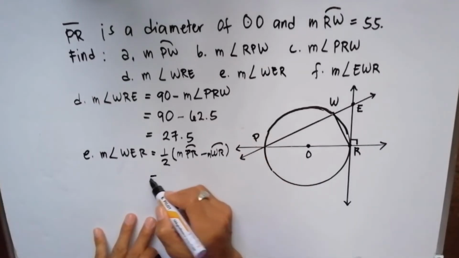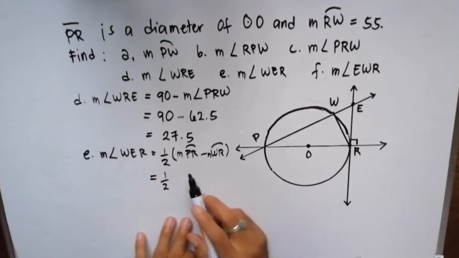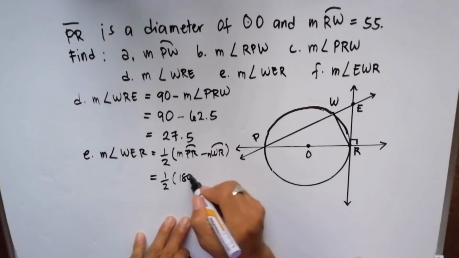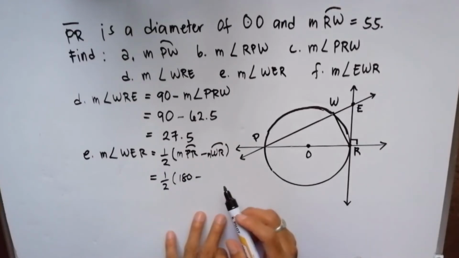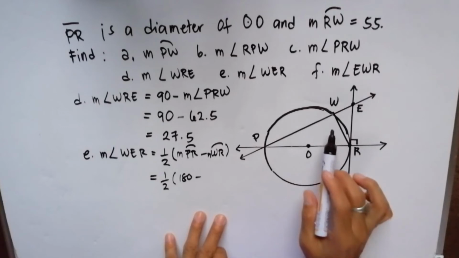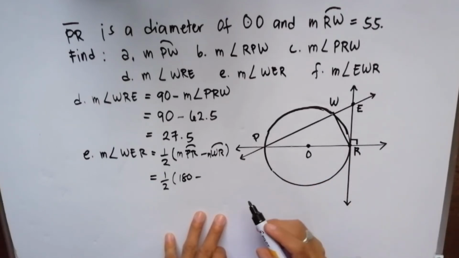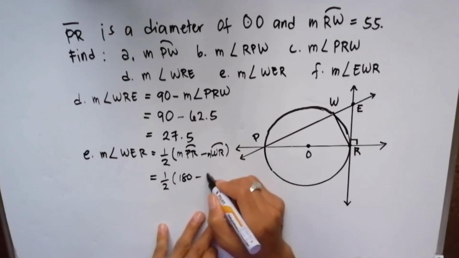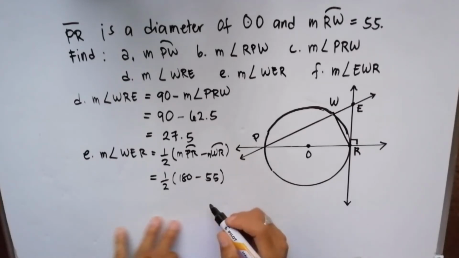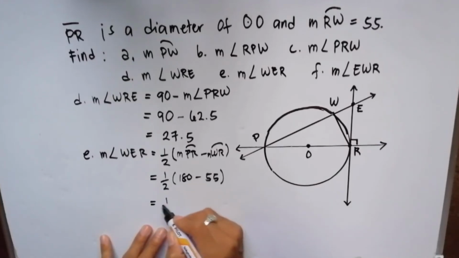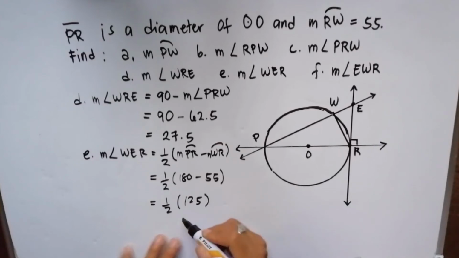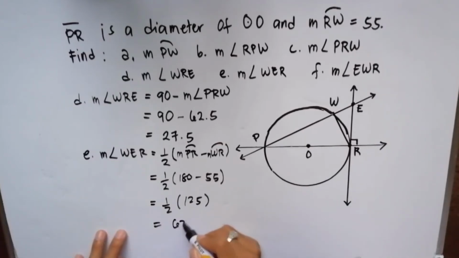So 1/2, again, the PR is 180 minus the measure of WR, which is 55. So that is equal to 1/2 times 125. So therefore the measure is equal to 62.5.